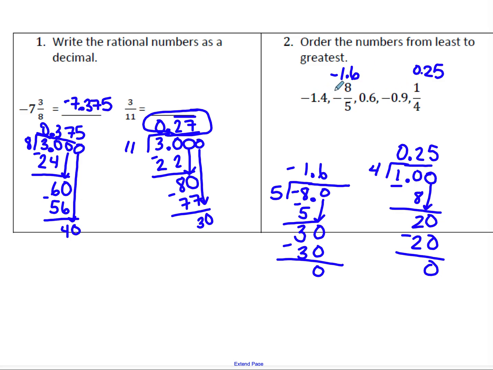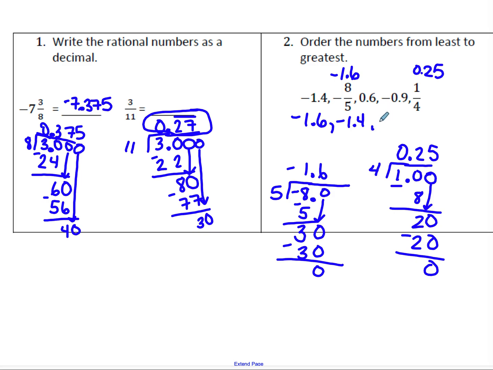And then comparing the ones that are 1 point something, 6 would be bigger than 4. 6/10 would be bigger than 4/10. But since it's negative, it's all backwards. The bigger the number is means it's farther away from 0. So I'm going to have -1 and 6/10 be my lowest value. It is the farthest away from 0 of my 3 negative numbers. Then I have -1 and 4/10.